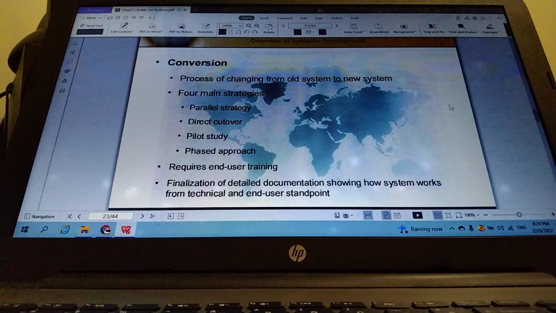One is known as the parallel strategy. Parallel means you run both the old system and the new system together for a fixed period of time, and when you are satisfied with the new system, you do the switch over, stop the old system and continue using the new system. That is the parallel strategy.